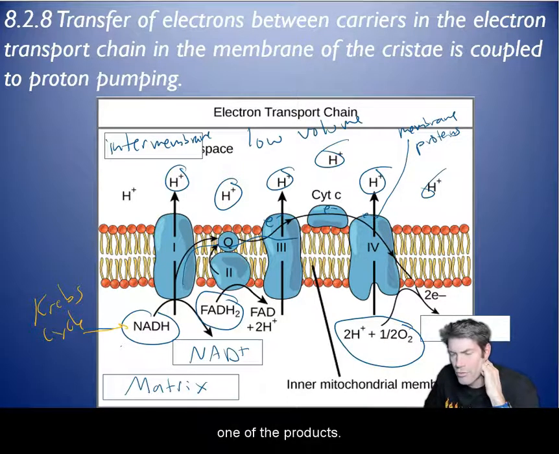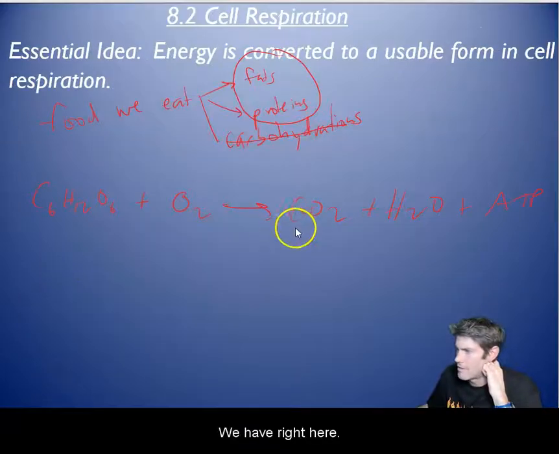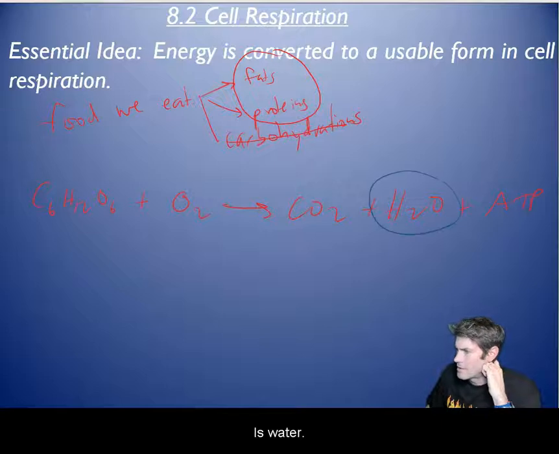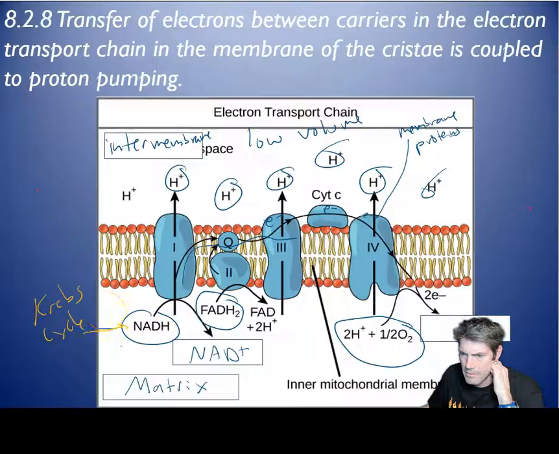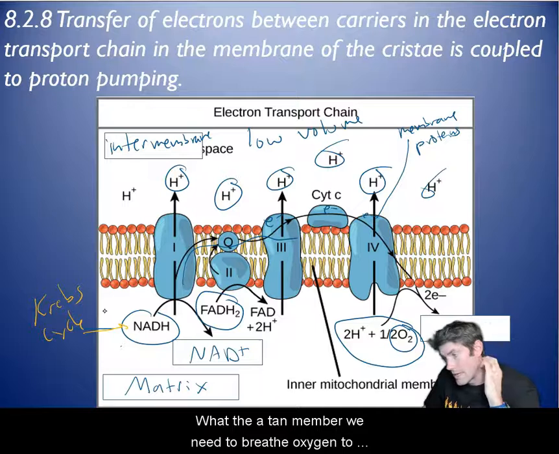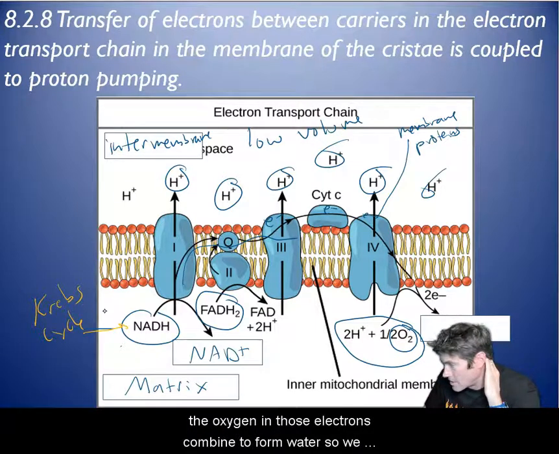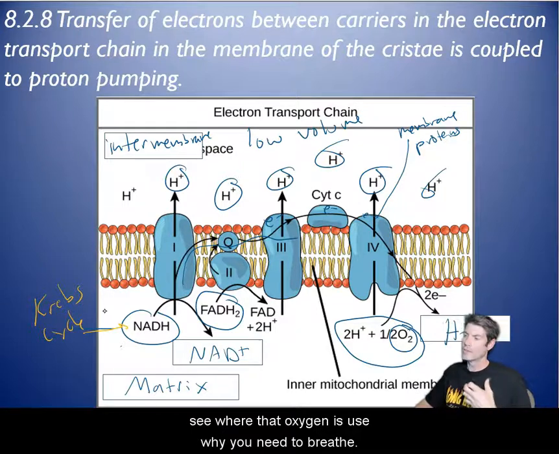Remember, one of the products of respiration we have right here is water, and now we can see where that water is produced. The electrons, and remember, we need to breathe oxygen, so the oxygen and those electrons combine to form water. So we see where that oxygen is used, why you need to breathe.